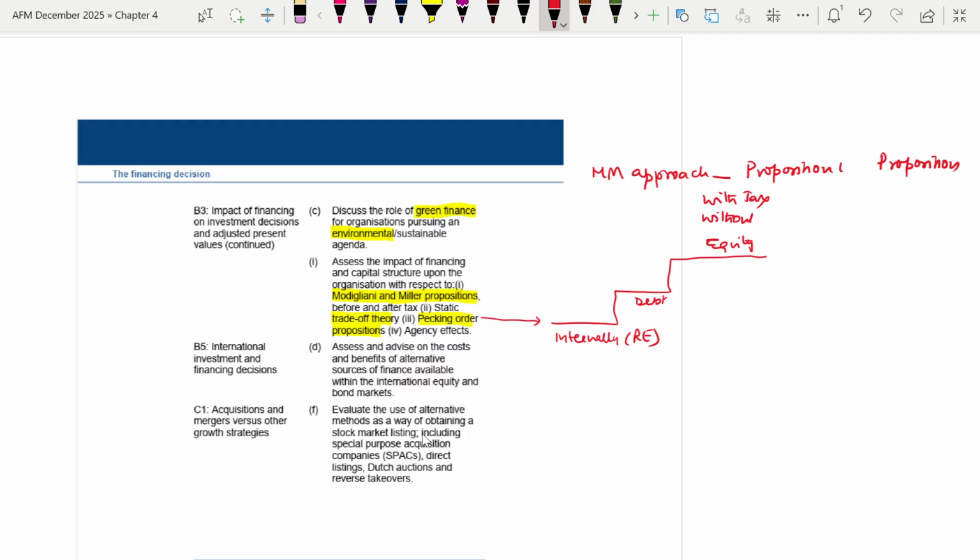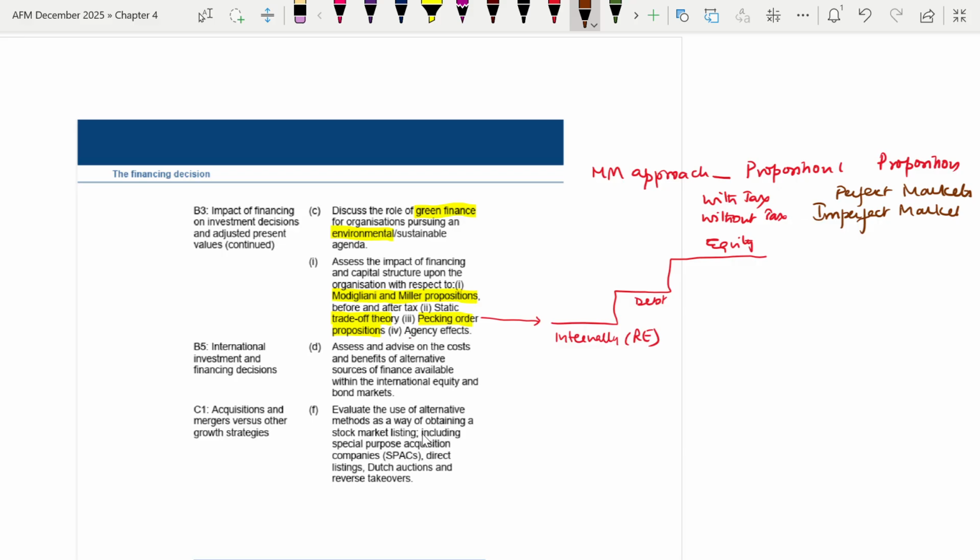They also take into consideration perfect markets and imperfect markets. This is the core theory whenever we talk about sources of financing: Modigliani Miller propositions, before tax and after tax. We'll cover this.